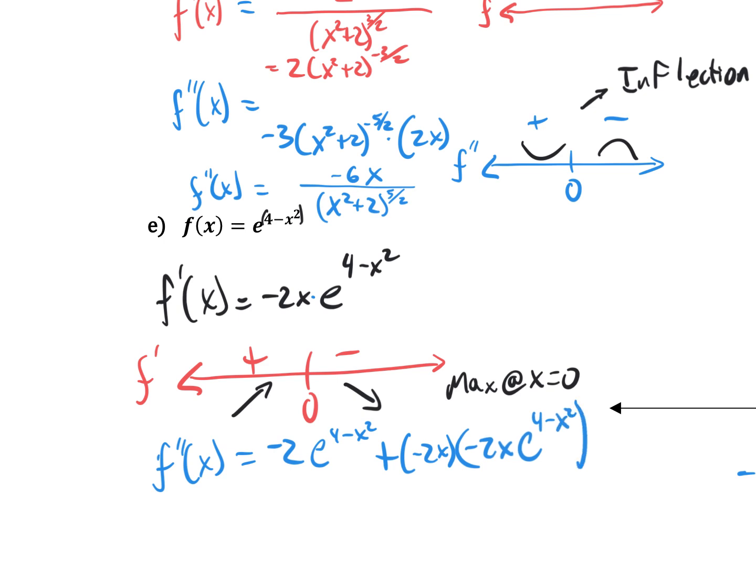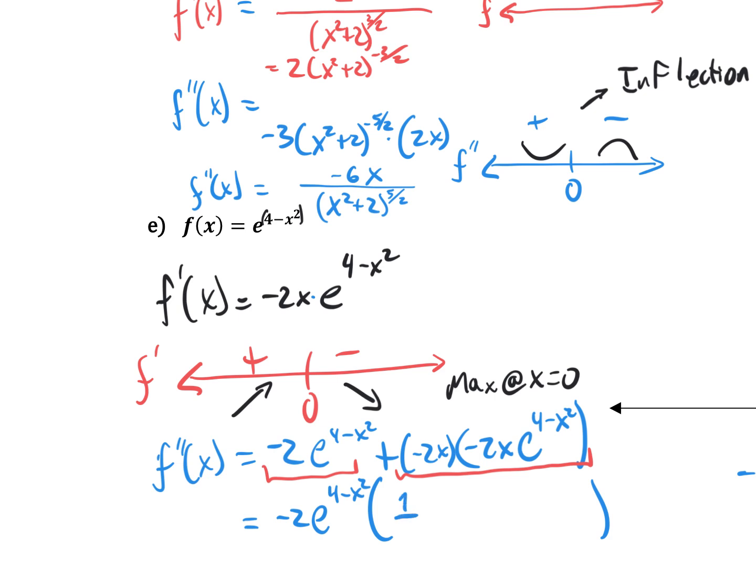All right, little cleanup here. Let's see. We can actually factor out this negative 2. Let's go ahead and do that. So we factor out negative 2 e to the 4 minus x squared. That leaves us with, notice we're looking at these two terms. We have a term here and a term here. And what's left behind?